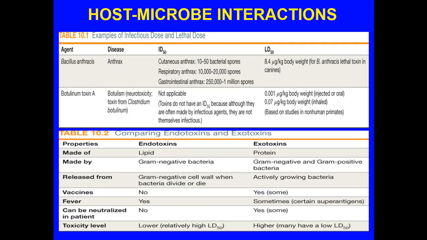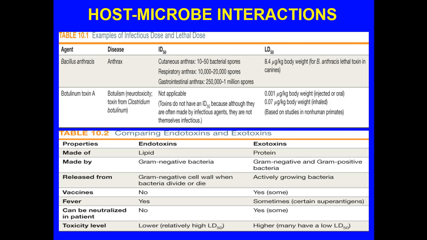Now, if you take a look up here, this is table 10.1. Here's an example of difference. Bacillus anthracis, the infectious agent that causes anthrax. In some cases, for cutaneous anthrax, in other words, you'd get this eschar, or it looks like a scar, or a blackened, almost like scab.